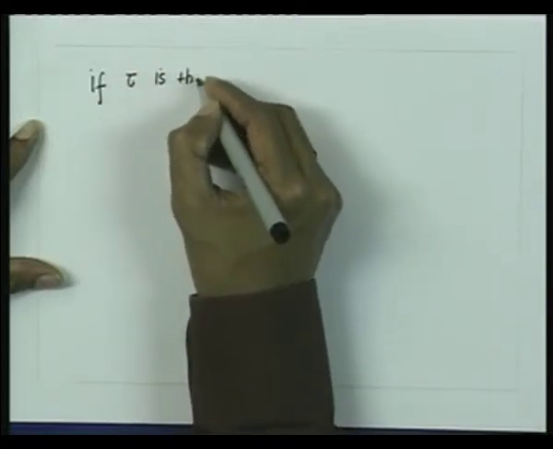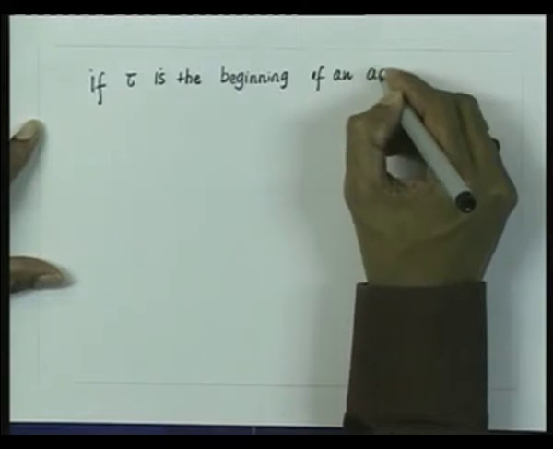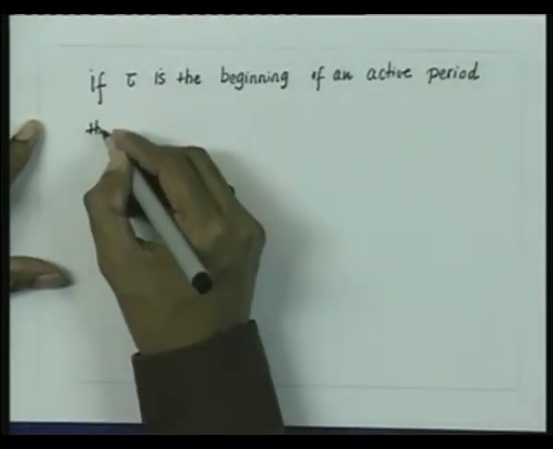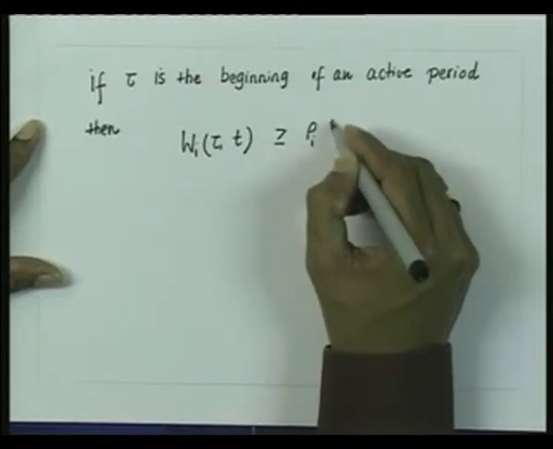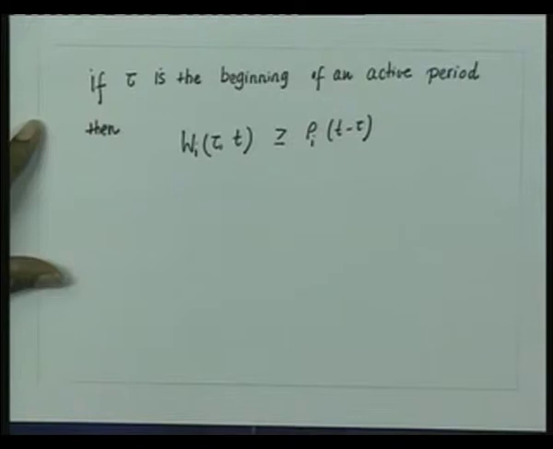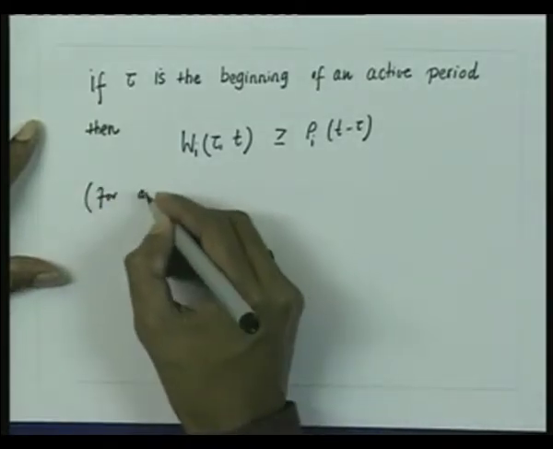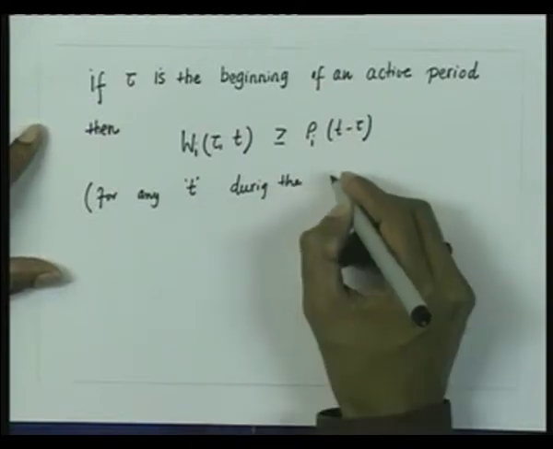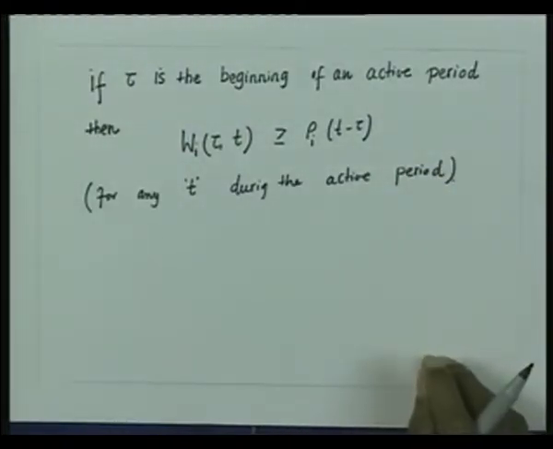In RPS, if tau is the beginning of an active period, then this result will be guaranteed, for any t during this active period. So this result needs to be proved.